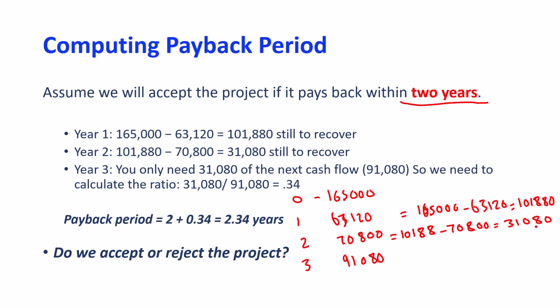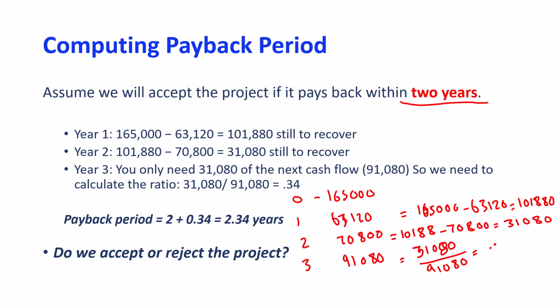This leftover is less than the cash flow in year three. That means that we don't need all the year three cash flows. We just need a portion of that. So how much do we need of this third year cash flow? That would be the fraction of the remainder, $31,080 over $91,080.